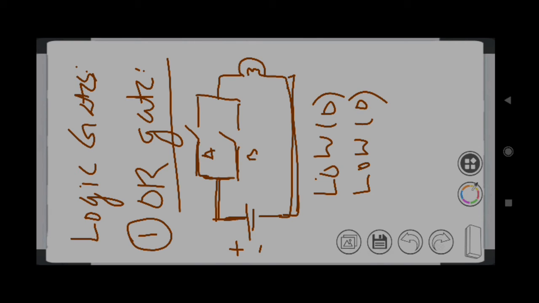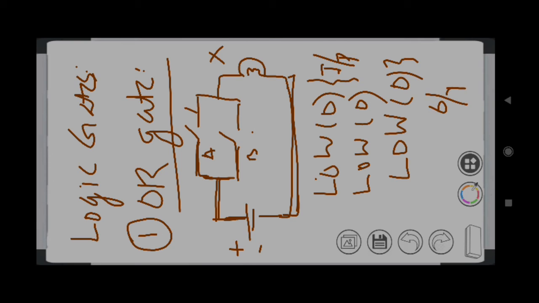Because you have gaps here and here, the bulb does not glow. That means the output is also low. These are the inputs and this is the output. We have to check whether these inputs and outputs are according to the definition of the OR gate.